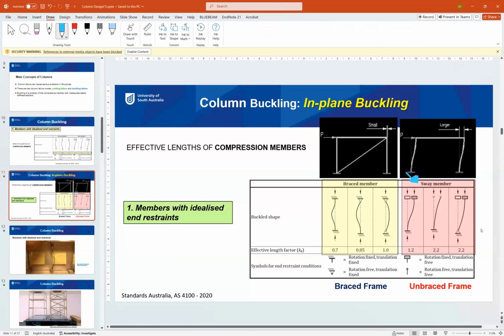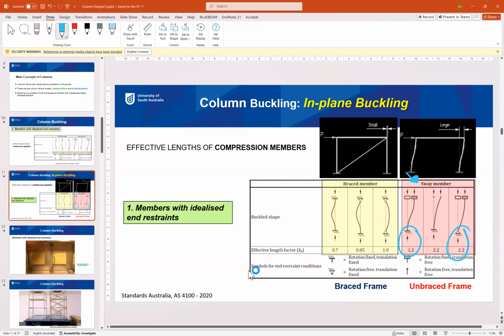So this column will be one of these. It is connected to the rafter in this case. So we will take K as 1.2 if it is fixed, and 2.2 if it is hinge or bend. It can be either of these cases.